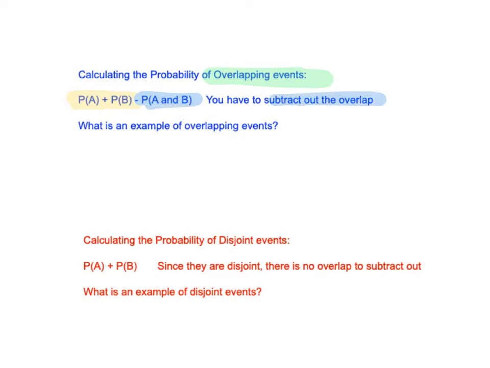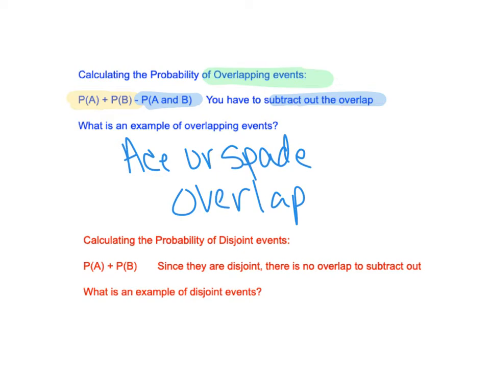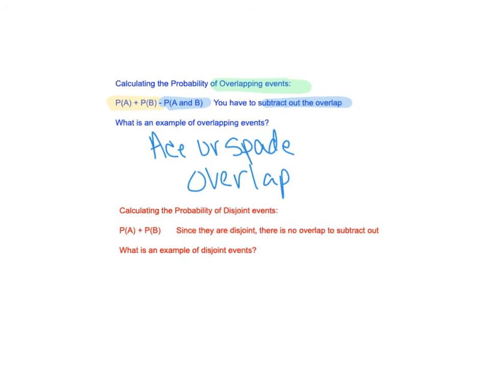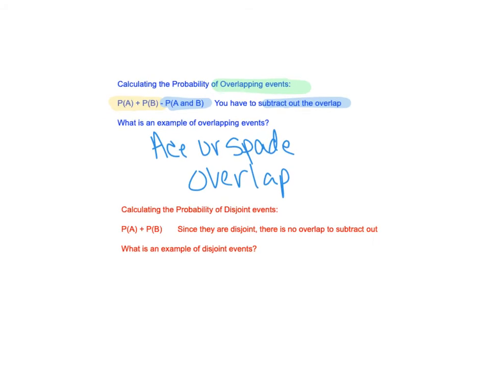Thinking about a deck of 52 cards, if you had an ace or a spade, you could have aces, you could have all of the spades, but the ace of spades overlaps, and you wouldn't want to count that ace of spades twice in your probability, so you subtract it back out. Decks of cards are quite often how they have you do overlapping events. It's the most common way.